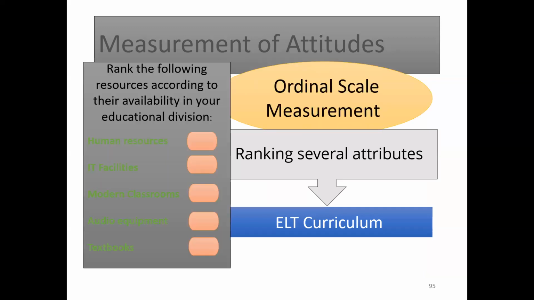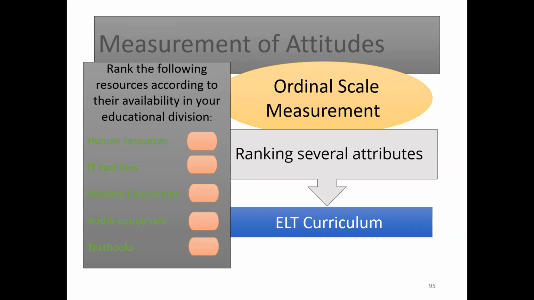Another example. Rank the following resources according to their availability in your educational division. So to measure several attributes, you will take human resources, IT facilities, modern classrooms, audio equipment, textbook. All these things are related to ELT curriculum.